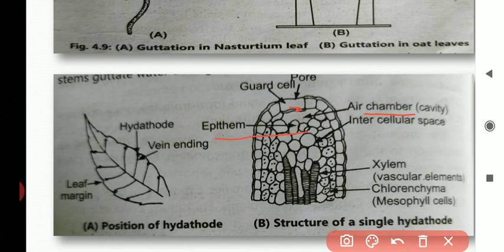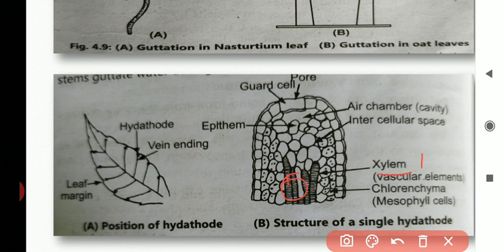Epithem is in close contact with the ends of vascular elements, that is xylem, and water from xylem passes into the epithem. These are the vascular strands, and the epithem, this tissue, is in contact with these strands. So the water comes from the xylem strands into the epithem. First, water is present inside the xylem strand.